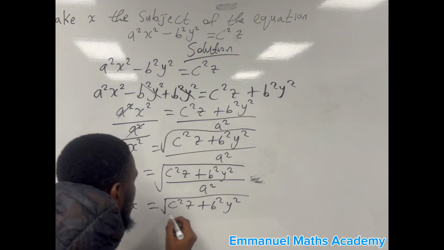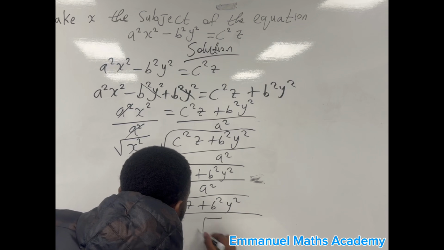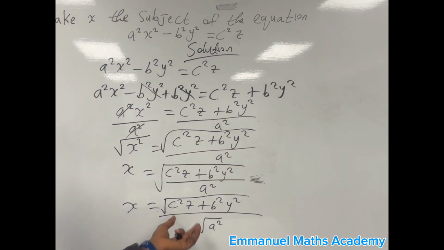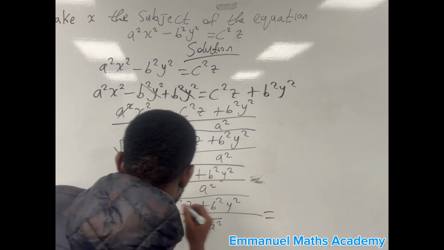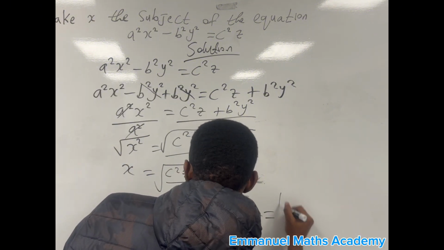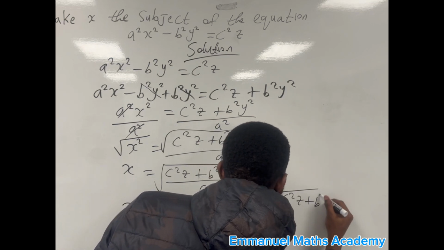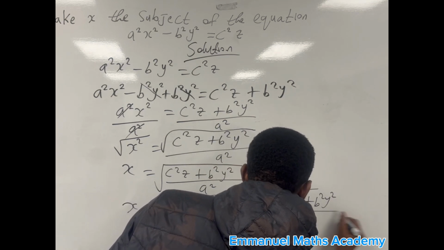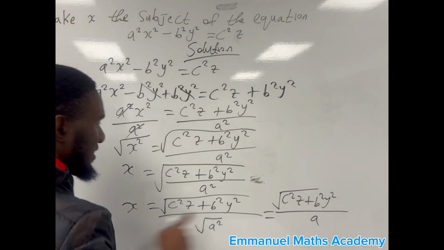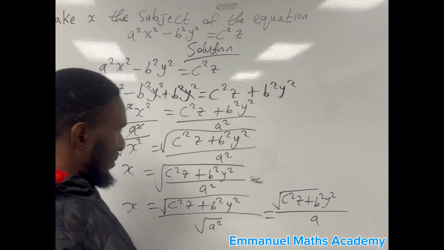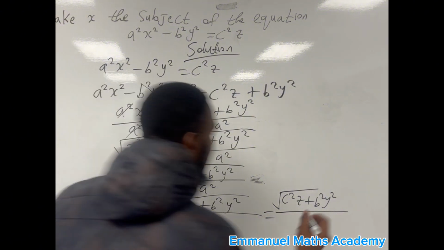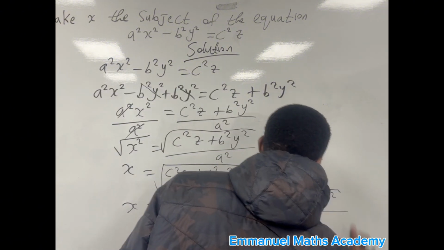The square root is for the numerator, then this one is for the denominator, a squared. This will give you a. This is equal to the square root of c squared z plus b squared y squared all over a. So x is equal to this. This is the highest simplification you can have, right?